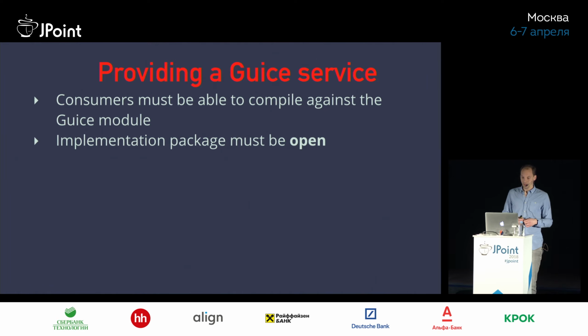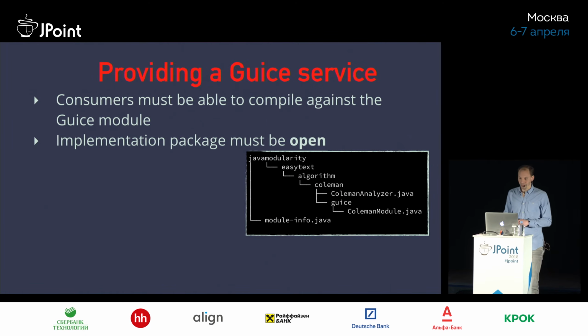That means also at the same time that the implementation package containing the implementation of the service needs to be open, because where the services mechanism had this sort of special power to reach into our encapsulated package to instantiate the service, Juice or any other Spring framework or any other dependency injection framework is just a regular piece of code which doesn't have these magical powers. So for reflection and reflective instantiation to work, the implementation package needs to be open.